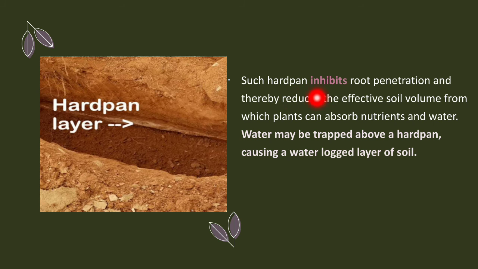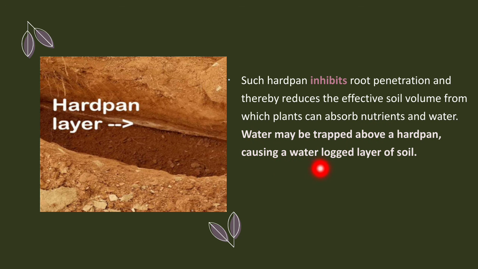Such hard pan inhibits root penetration and thereby reduces the effective soil volume. Roots can't penetrate into this hard pan, and it also reduces the effective soil volume from which plants can absorb nutrients and water.